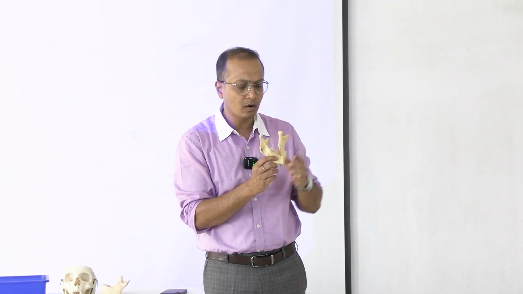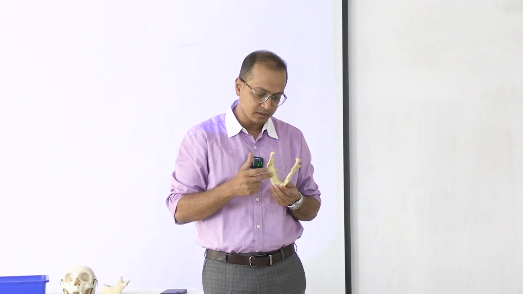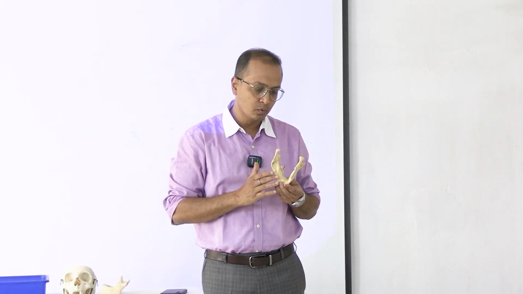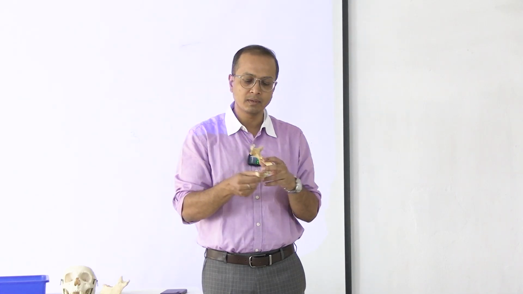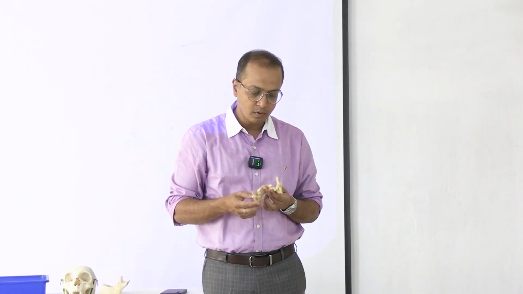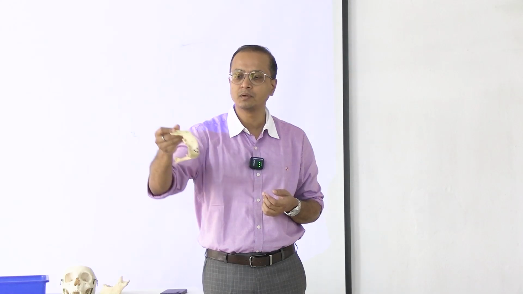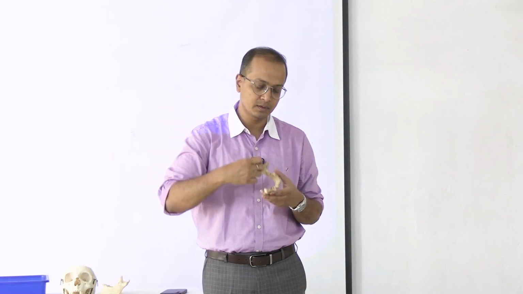It splits this into two regions, above and below, and we will talk about those two parts. Now, where this ramus meets with the body, we call it the angle of the mandible. So, these are the things that you have to understand, a basic understanding of this particular bone.